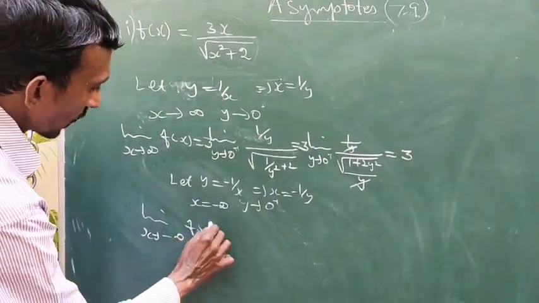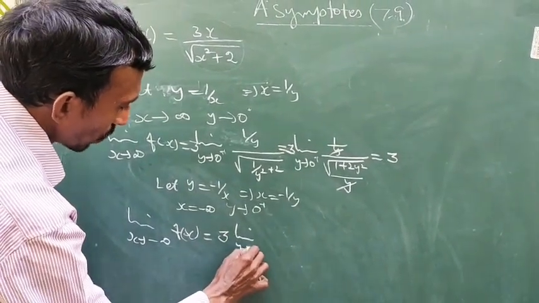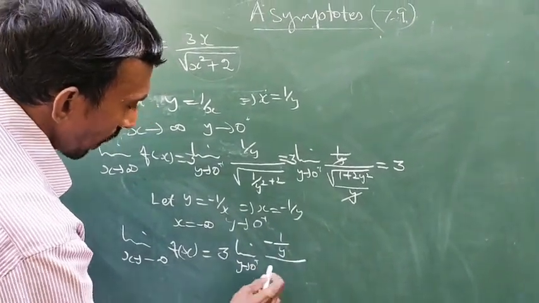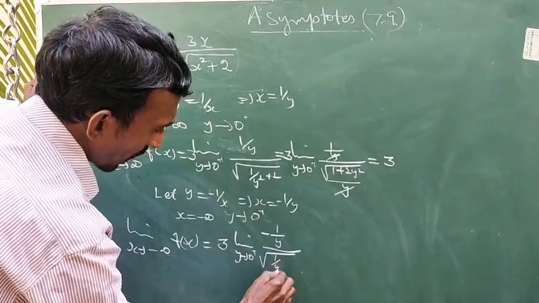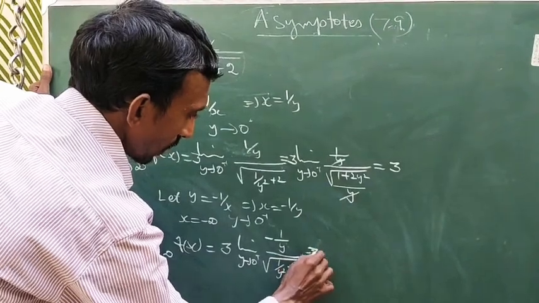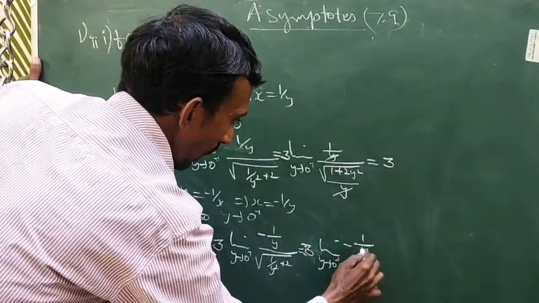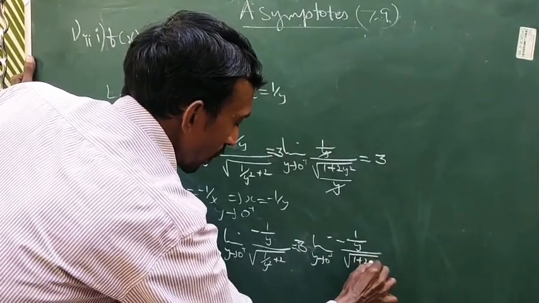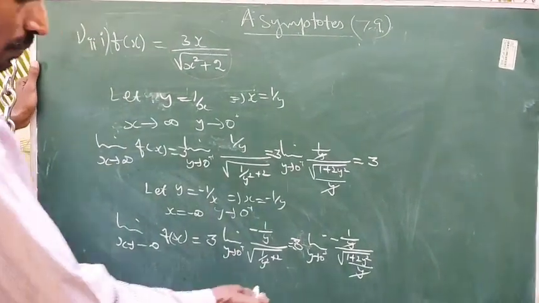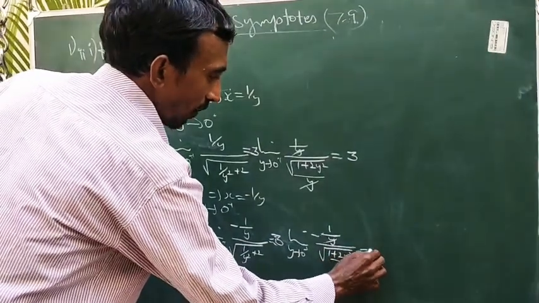So f of x equal to 3, already 3 is a constant, limit y tends to 0 plus, so minus 1 by y by root of minus 1 by y whole square, again becomes positive. So we are getting 3 into limit y tends to 0 plus minus 1 by y by root of 1 plus 2y square by y. So this is cancelled. Now we apply the limit y tends to 0, it becomes minus 1. Minus 1 into 3 is minus 3.